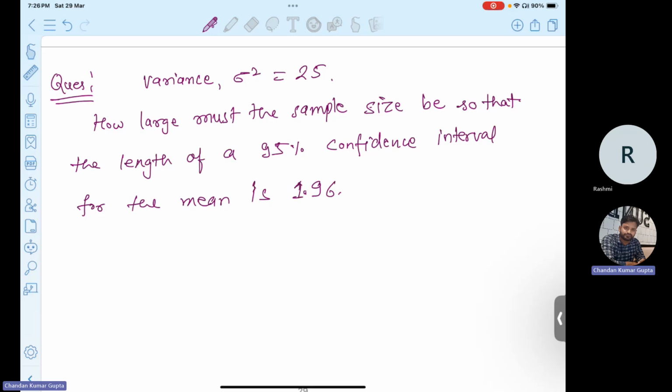We need to find the sample size n for which the 95% confidence interval has length 1.96.